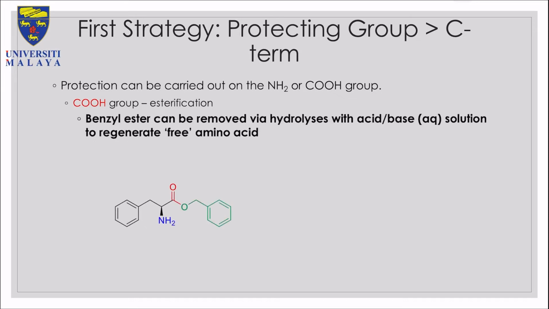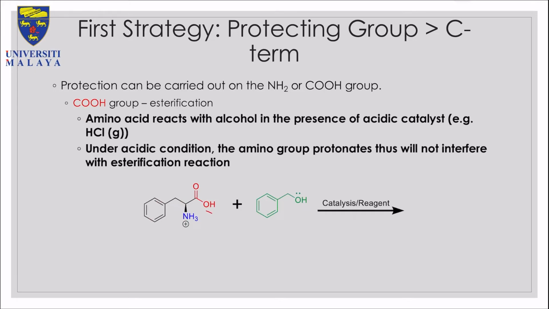You originally have your carboxyl and amine uncharged from the previous slide. You do esterification, you protonate the amino group. Therefore, when you add in your alcohol of interest, the protecting group so to say, you will just couple on the carboxyl terminal, forming the ester. As simple as that.